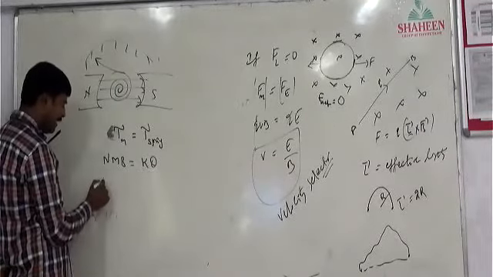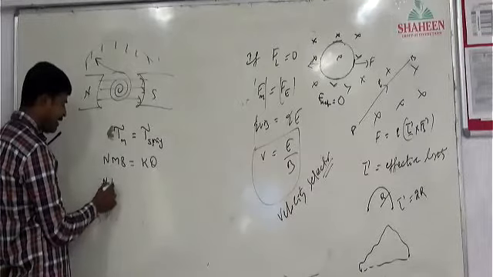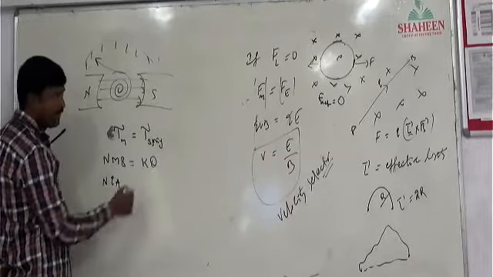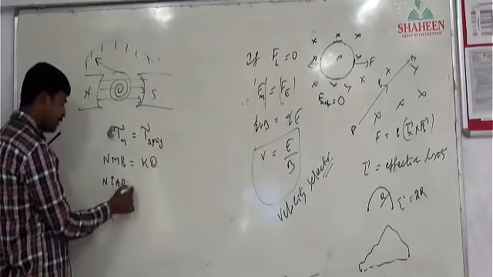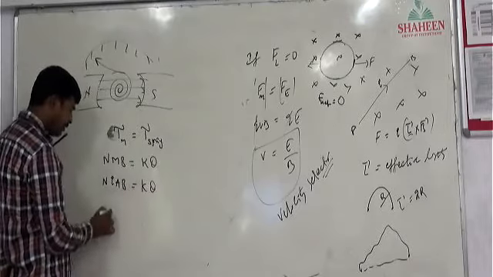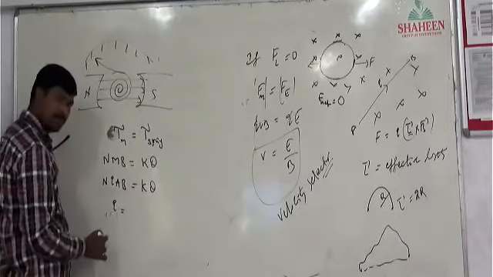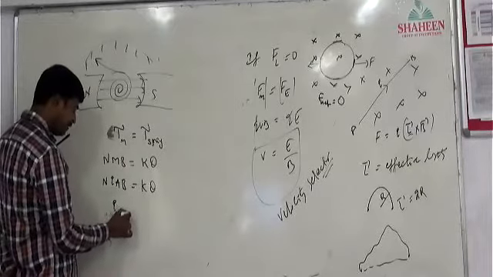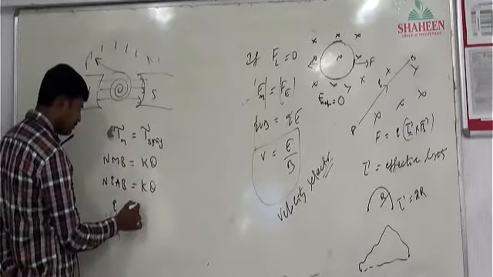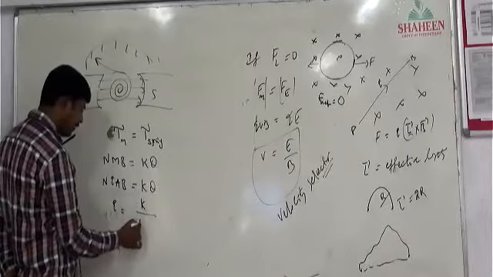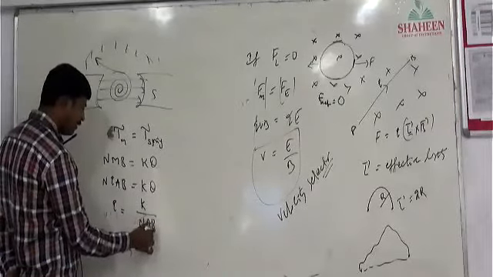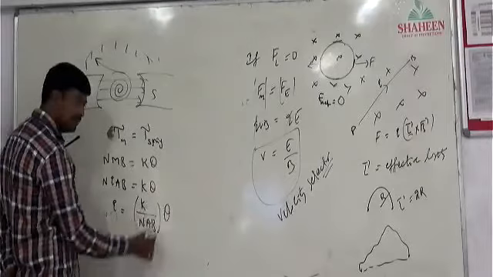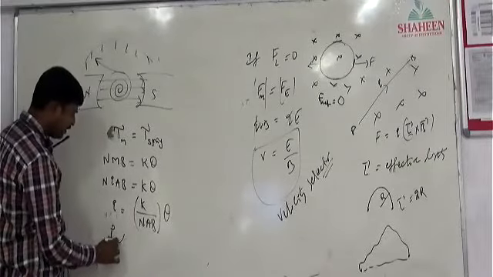So we can write N times magnetic moment IA into B equals K theta. Now I can be written as K by NAB into theta.